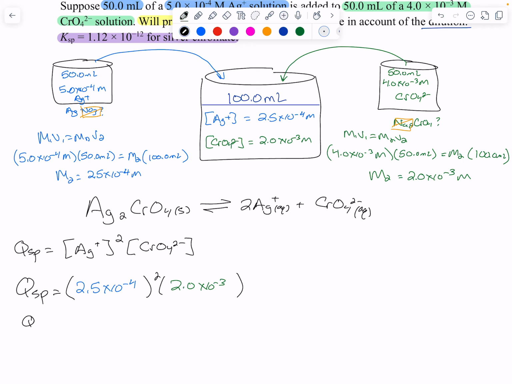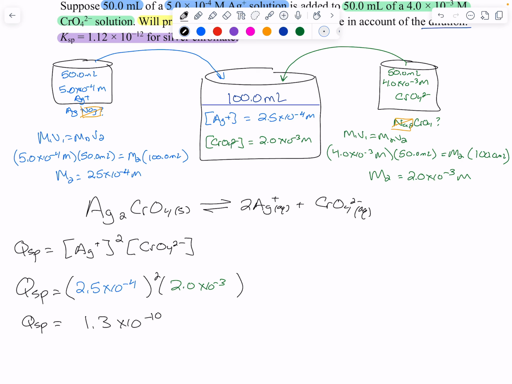So it looks like our QSP would be what? 2.5 times 10 to the negative 4. And we're going to square that times our 2.0 times 10 to the negative third. I get 1.25, so 1.3 times 10 to the negative 10.